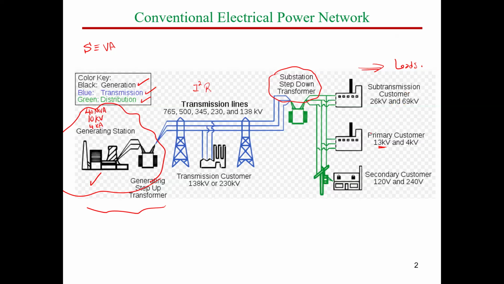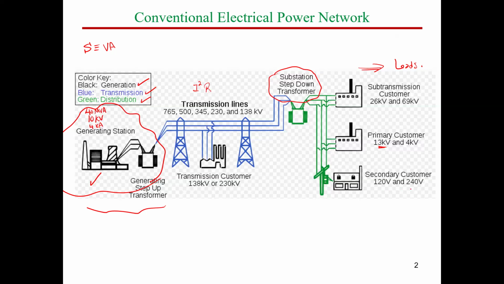And we may have a primary customer like a factory, for instance. This factory needs 13 kilovolt, needs 4 kilovolt, okay? And you may have domestic loads, which need just 120 volt line to neutral or single phase, or 240 volt line to line. In our homes, you may have some circuits that require 120 volt, like the regular sockets, the regular lights at homes, small devices.